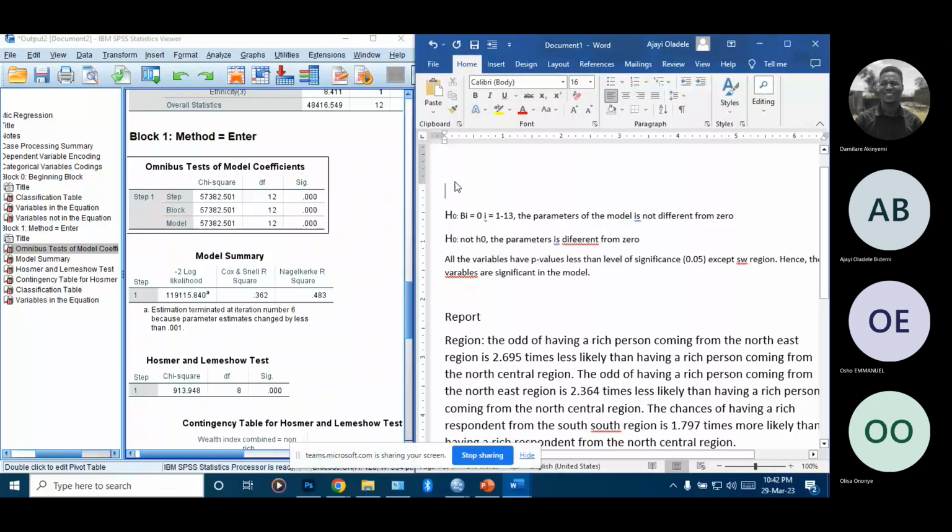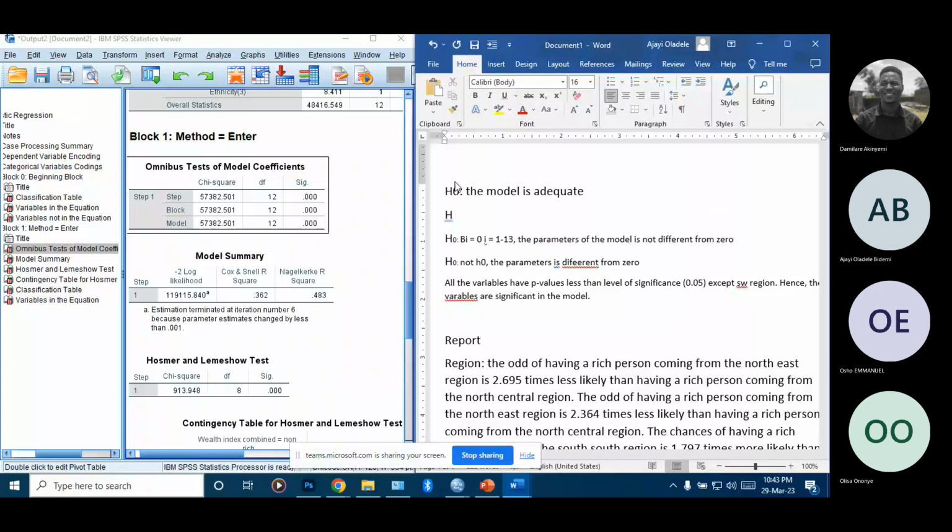H naught: the model is not adequate, while H1: the model is adequate.